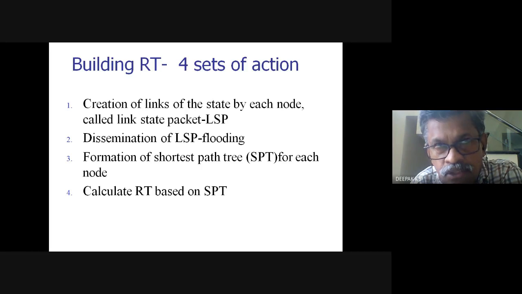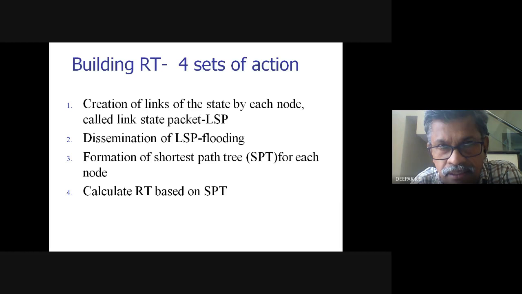Flooding is, router will receive link state packet through one interface and send it out through other interfaces. We had seen that there are a number and age for these link state packets. Then each node will obtain the link state packets. It will update and form shortest path tree using Dijkstra algorithm.